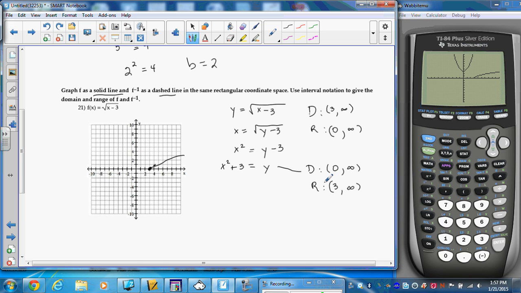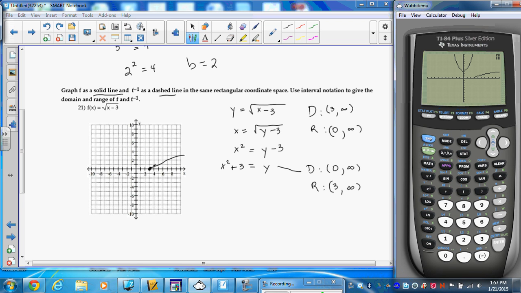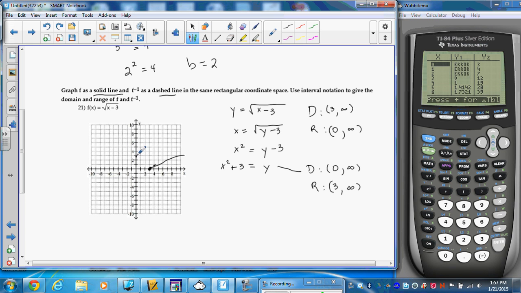So we really can't graph anything smaller than 0 on this graph. So when we look at our table on the calculator, we want to look at this piece, but our smallest value is going to be 0, 3. So this is the start, and it's not going to be completely like the graph.